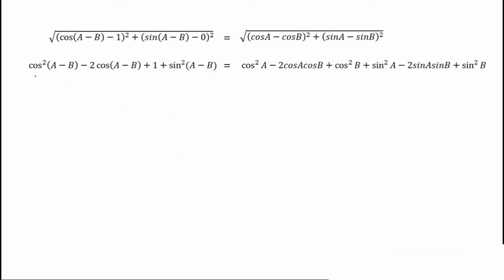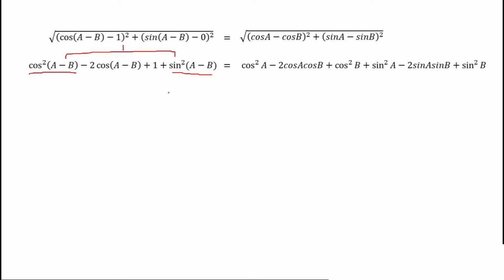For example, cosine squared A minus B and sine squared A minus B. These two things right here, if you add them up, you get 1 because cosine squared theta plus sine squared theta is equal to 1 from one of our identities. So that goes to 1. You've got another 1 over here, so 1 plus 1 is 2. And then you've got minus 2 cosine A minus B.